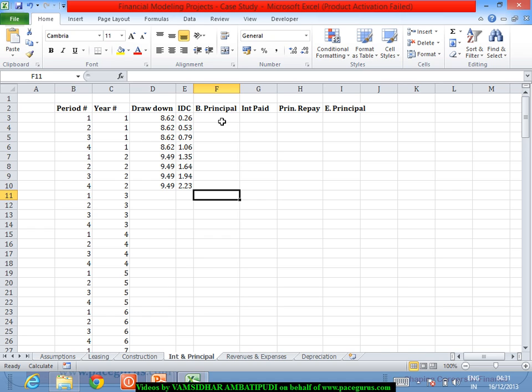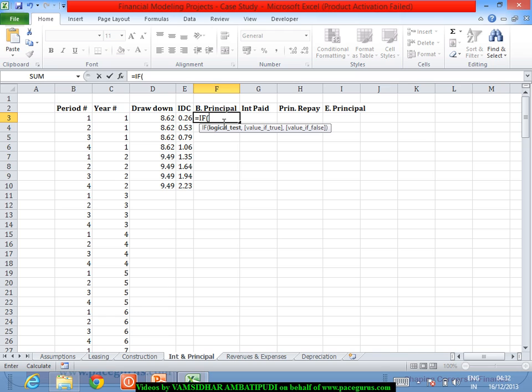So I can create a formula, but whatever formula we are creating has to be more generic, because if the drawdown period either increases or decreases, our formula should be comfortable in handling those kinds of scenarios also. So from that standpoint, at least I have to take the beginning principal probably only something like this.